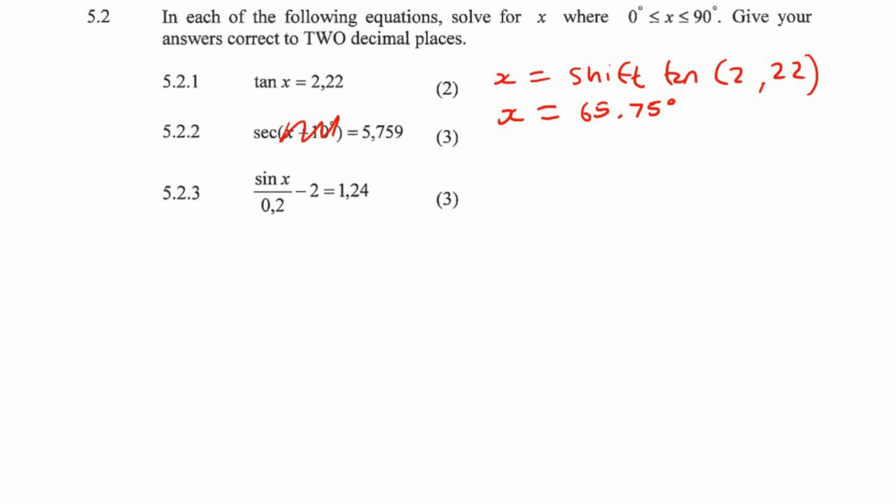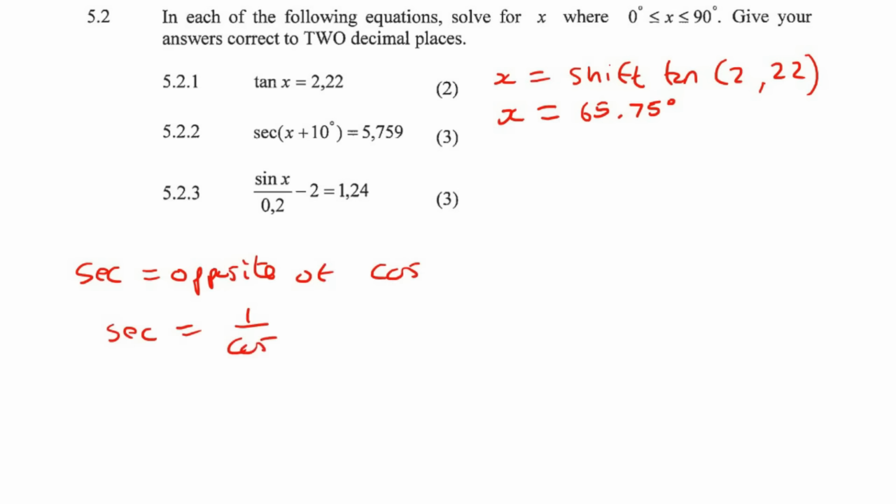For the next one, you're just going to do the same thing. But now the problem is we don't have sec on our calculator. So what we should remember is that sec is the reciprocal of cos. So we know that sec is equal to 1 over cos and cos is equal to 1 over sec.